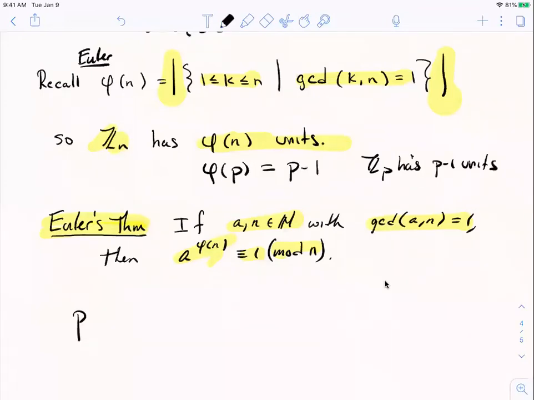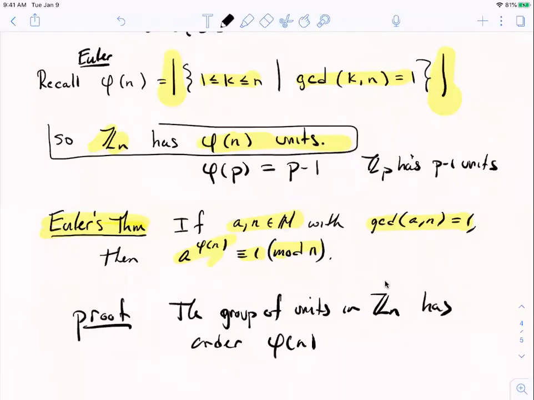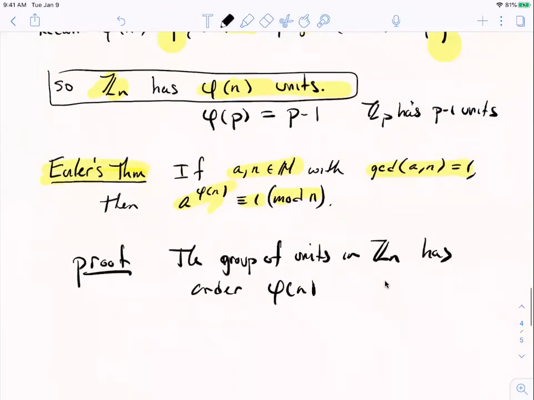So what's our proof of that? Well, the group of units in Zn has order phi of n. That's what this claim says: Zn has phi of n units. If the GCD of a and n is 1, then a is a unit.